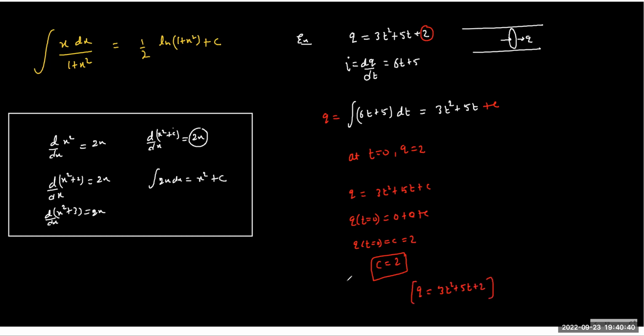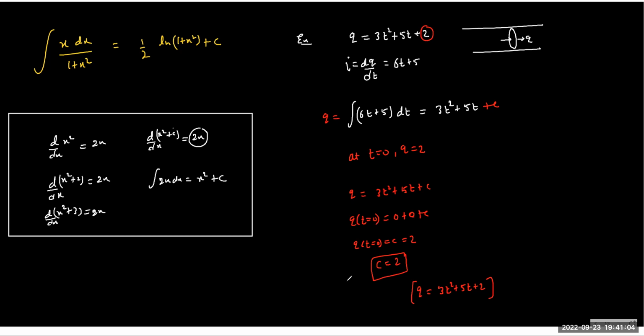So in physics, there is a whole idea called initial condition. And the purpose of the initial condition is to eliminate the c value. Okay. So when you integrate, of course, you have to write c. And c can only be eliminated if someone gives you the initial condition.